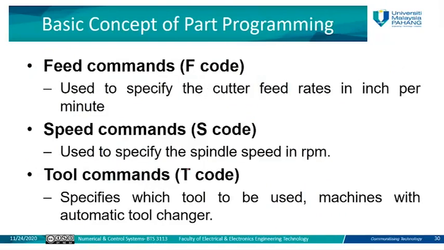These are the other codes that we mentioned before: how we use F, how we use S, and how we use T. These three are also used, but as I told you, after F there is only one type of number, which is the feed rate. So I do not have any F numbers like G. G, for example, I have G00, G01, G02, but that number doesn't mean any calculation.